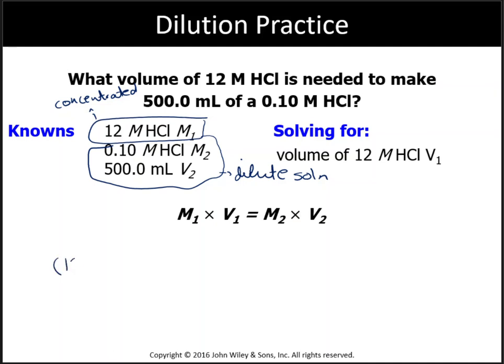So we have 12 molar hydrochloric acid solution. We want to know how much of it, the volume, and we want to end up with 0.1 molar, and we want to have exactly 500 milliliters of that solution.